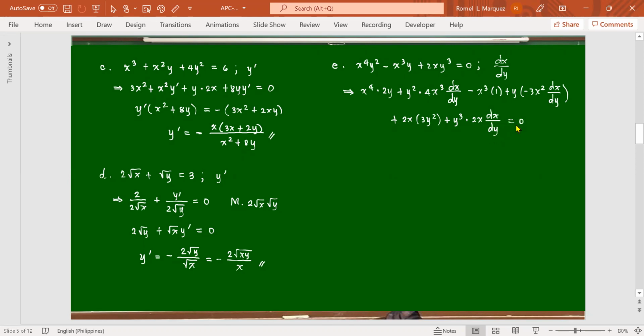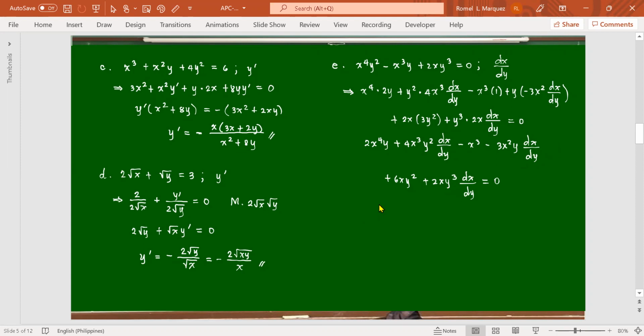On the right side, 0. Okay, let's simplify. 2x to the fourth y plus 4x cubed y squared, derivative of x with respect to y, minus x cubed minus 3x squared y, derivative of x with respect to y, then plus 6xy squared plus 2xy cubed, derivative of x with respect to y equals 0.